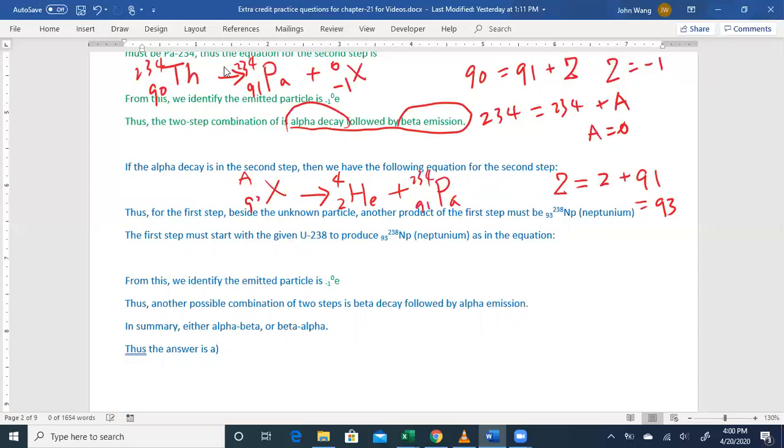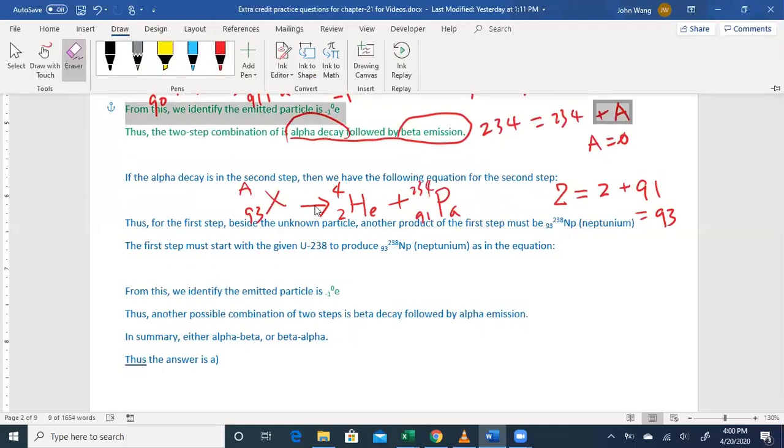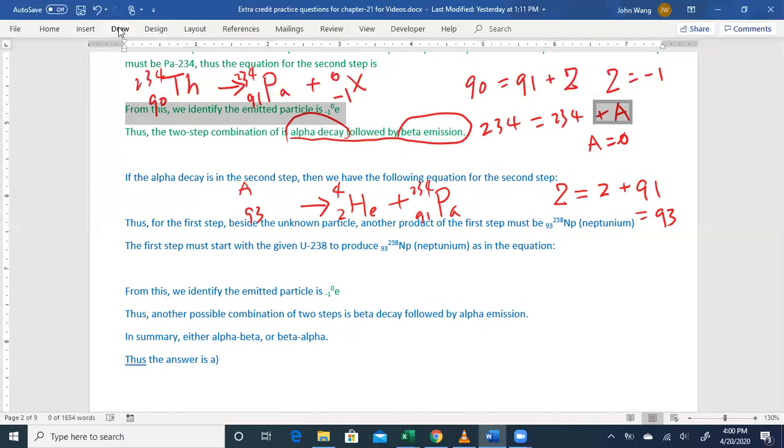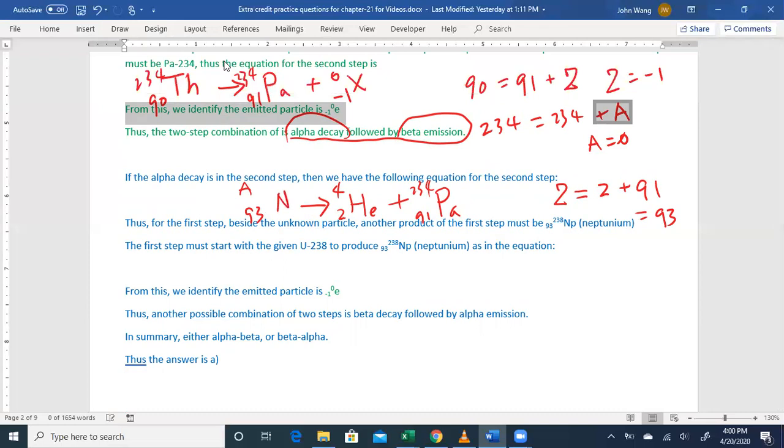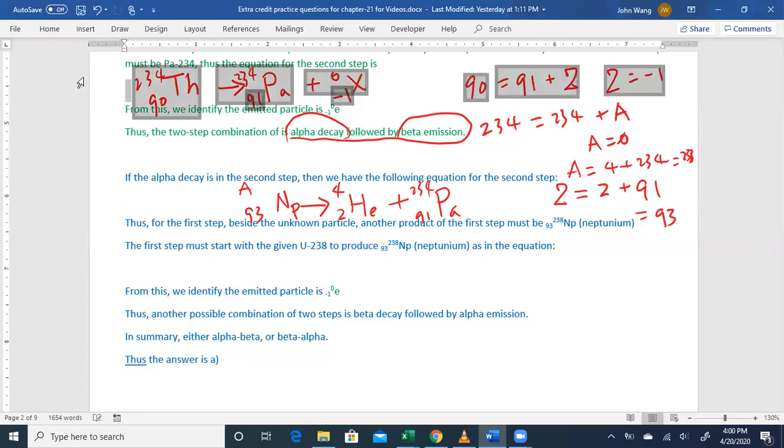So let's write 93 here, and then we'll erase this X because we already found out the identity of our starting nucleus in the second step, which is neptunium, Np. Similarly, we want to balance the mass number. So A equals 4 plus 234 equals 238. And now we can replace the A by 238.